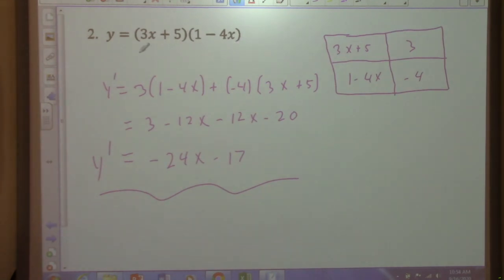So we'd have negative 12x squared, and then we'd have plus 3x, and then minus 20x, plus 5. And if we take the derivative of this, you see we'd have.